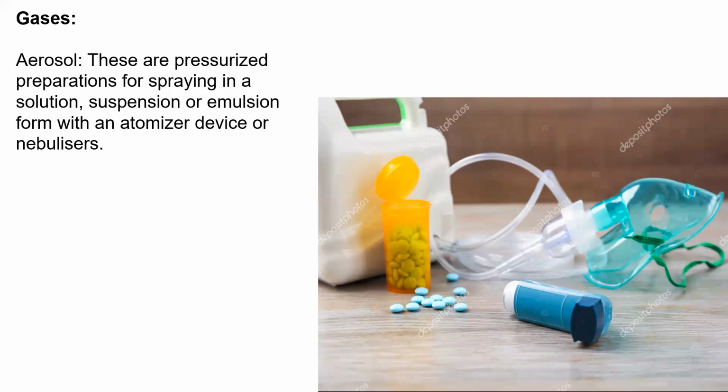Spray-on duster powders are also available as pressurized preparations. We also have inhalers and nebulizers that can be considered gaseous dosage forms, or they can be different solutions, suspensions or emulsions, like we saw, based upon different routes of administration.